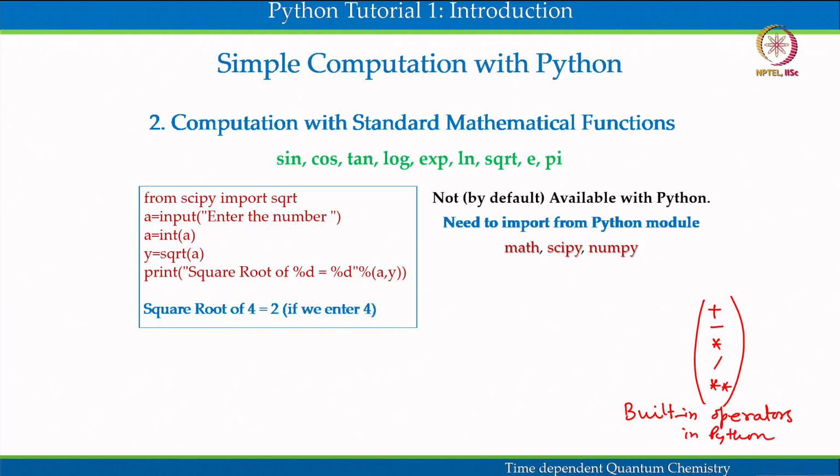But if I have a mathematical expression with any of the mathematical functions such as sine, cos, tan, log, natural log, 10 base log, then exponential, then square root, then the value of e, or pi, any of these mathematical functions if I want to use in Python, they are not directly available with Python.